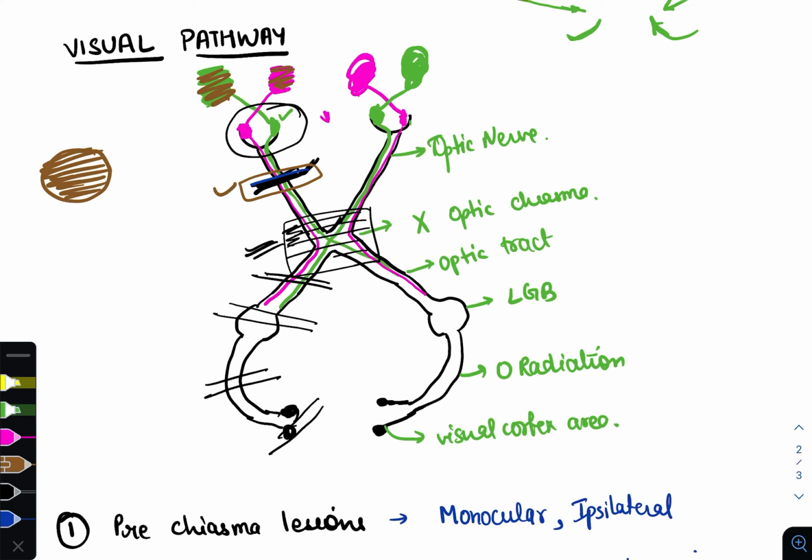If the defect is in the left optic nerve, then we can't see through the left eye only, meaning it is ipsilateral.